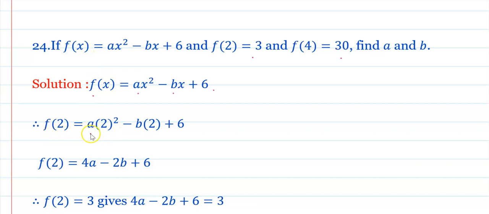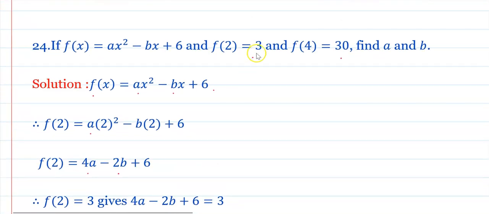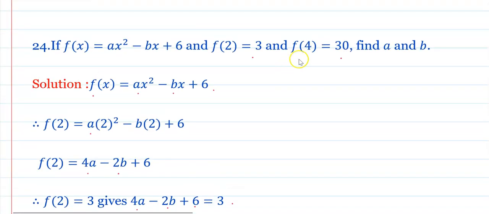F of 2 is equal to a into 2 square minus b into 2 plus 6. 2 square means 4. F of 2 is equal to 4a minus 2b plus 6. What is the value of f of 2? F of 2 is 3. Therefore, 4a minus 2b plus 6 is equal to 3. Therefore, 4a minus 2b is equal to 3 minus 6, which means minus 3.